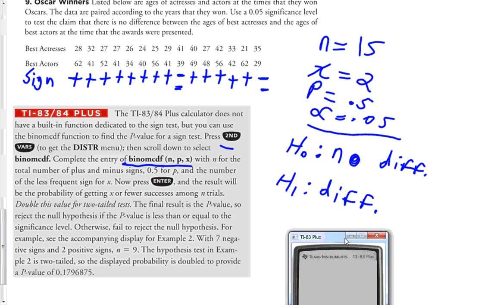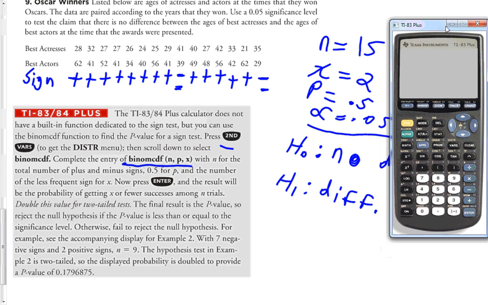All right, so let's go ahead and plug all that information into the TI. We're going to go to second vars to get to the distributions, and we're doing the binomial distribution. So we go down to binomcdf, like it says here, and we press enter. And for the parameters, we're going to plug in n, which is 15.